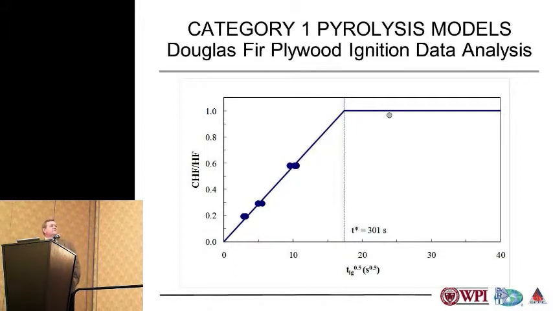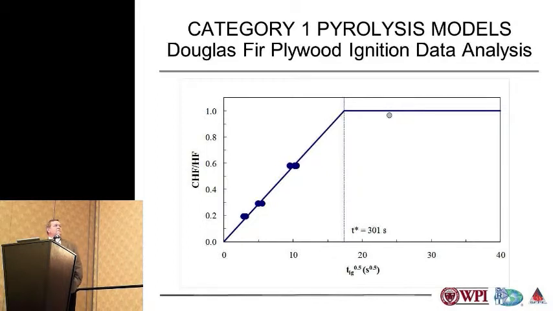One of the two methods is illustrated here, method developed by Quintiere and Harkleroad, and it basically consists of determining the critical heat flux for ignition, that is the heat flux below which ignition no longer occurs, and that's done by running repeated tests at lower heat fluxes until ignition no longer occurs. And typically a period of 20 minutes is assumed to be the cutoff.